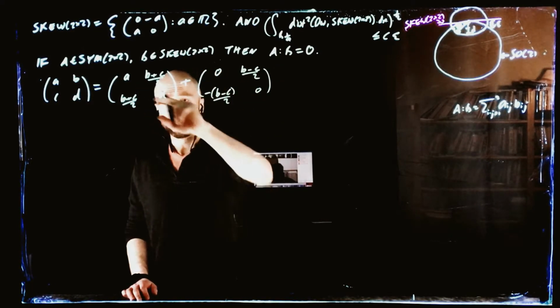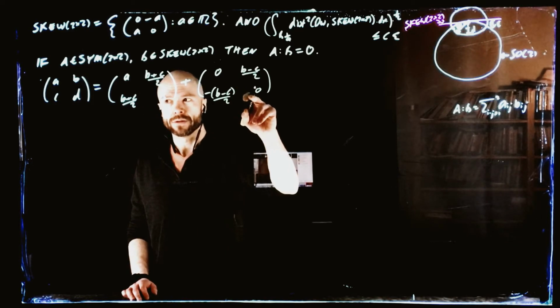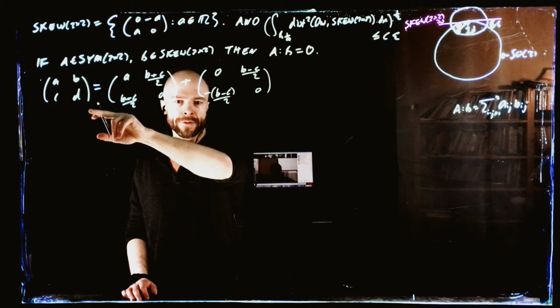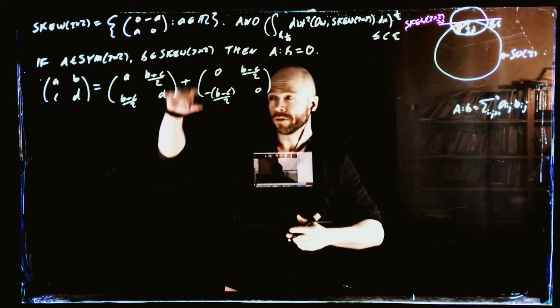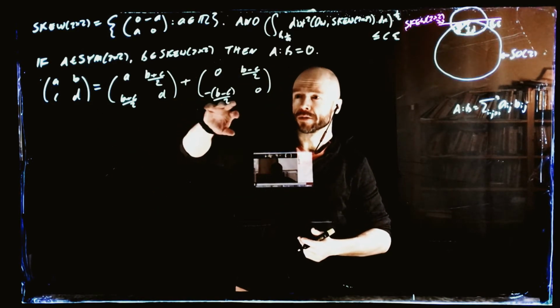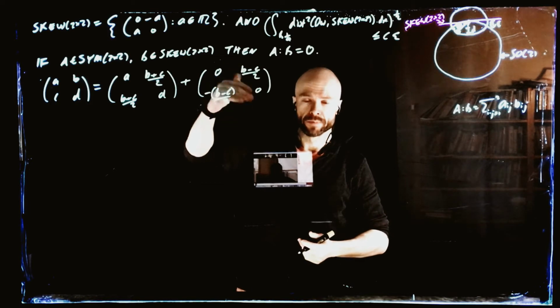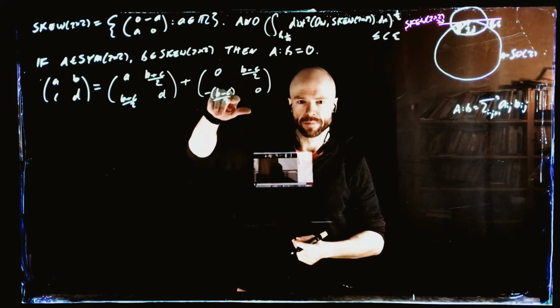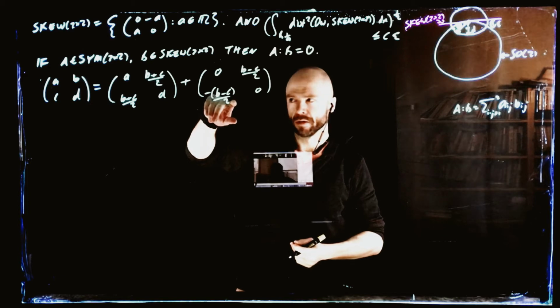This is the sum of the symmetric and the skew-symmetric, and it gives the same thing. Cool. So we can project onto symmetric or skew-symmetric matrices with these nice linear operators, which are given explicitly with their coefficients right here.